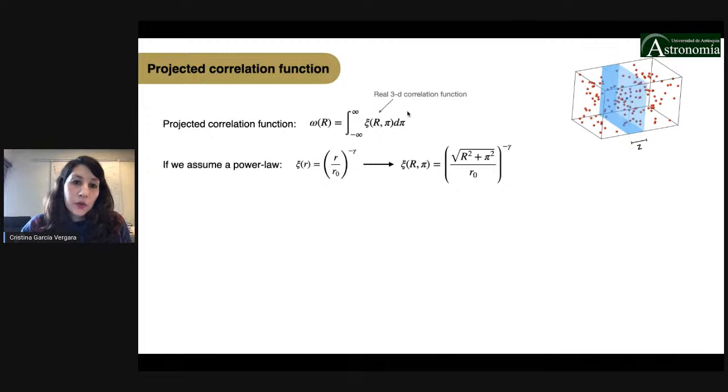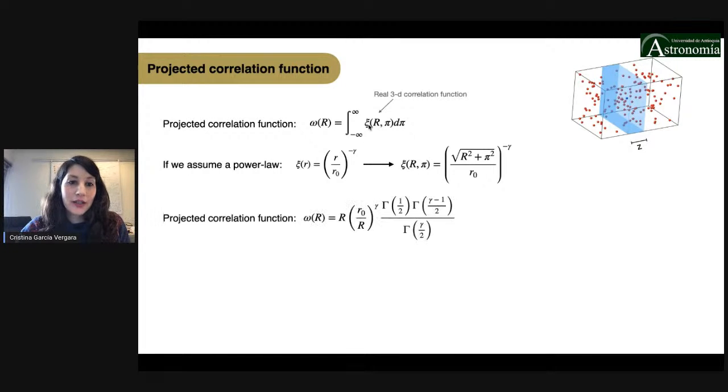Here, if you assume the typical power law for the correlation function, then you can write this in these two components. You put this in the integral, and you can solve the integral analytically, and this is the solution. This shows you how the projected correlation function is related to the parameters r_0 and gamma, which are the parameters that we are interested in.